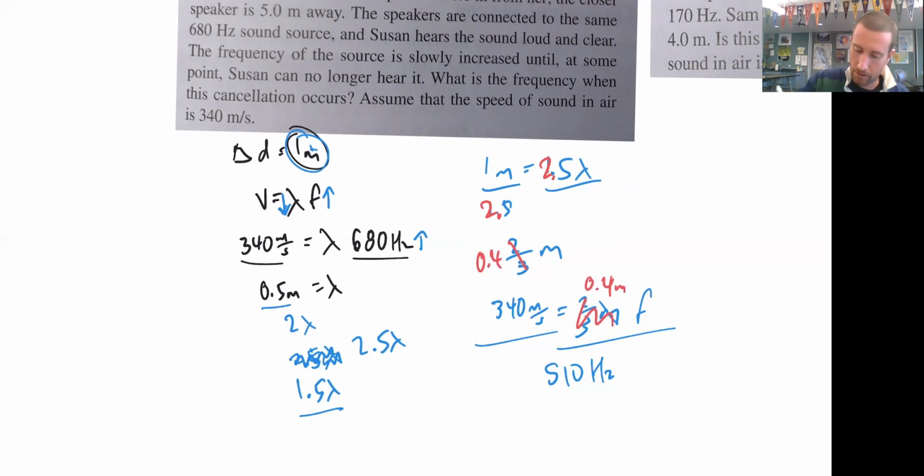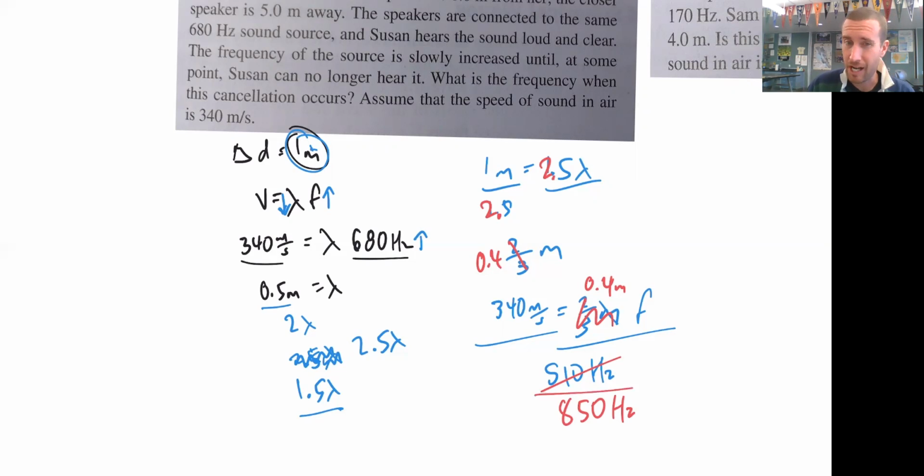0.4 meters. 340 divided by 0.4 is 850 hertz. So since I'm turning up the frequency, I have to get to 850 hertz, not 510 hertz. I tried it one way where I knew that I had to change it by half a wavelength, and I tried it at 1.5, and that told me 510.